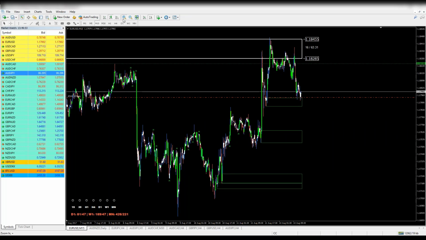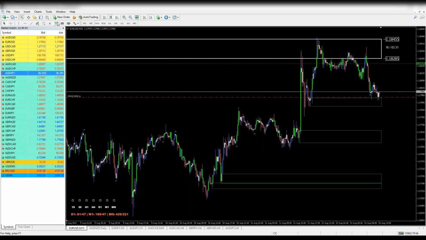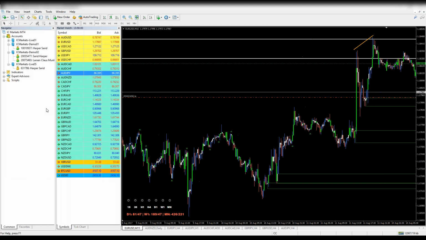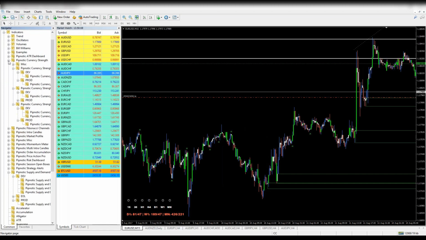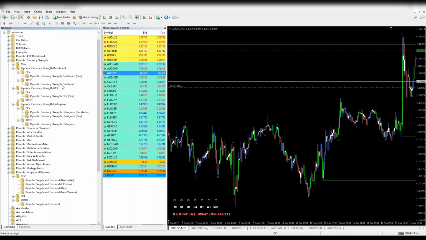This is actually showing us that we have divergence going on, where we have this going on here. And if we throw on the strength histogram, then we'll be able to see this here.